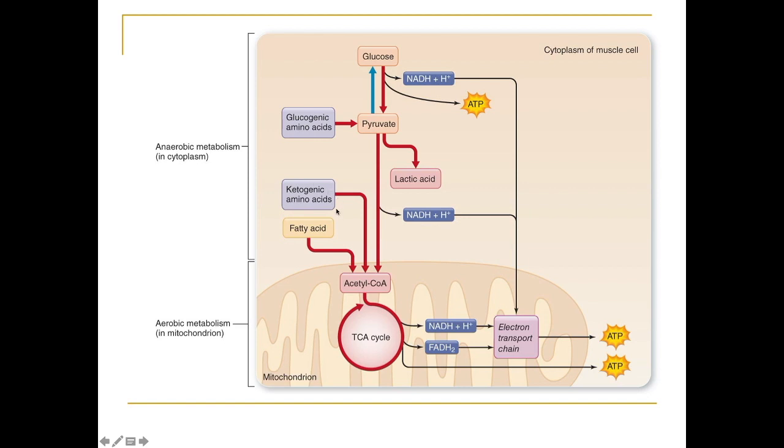This is where some other amino acids as well as fatty acids go in order to produce the molecules required for this cycle to occur. And then, through a bunch of complicated processes where hydrogen is added to water, we get a lot of ATP.